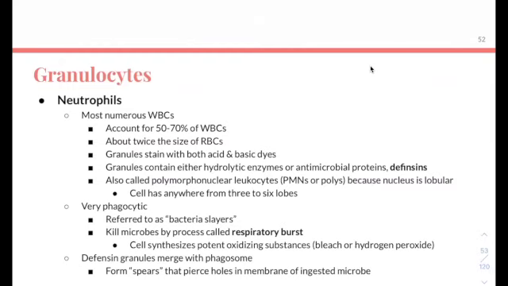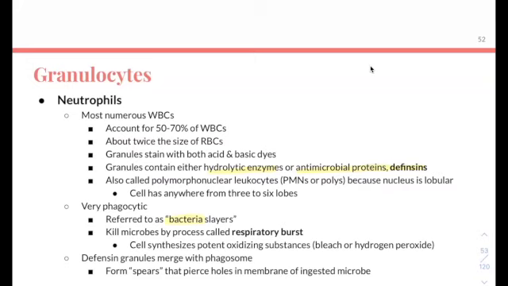They have hydrolytic enzymes or antimicrobial proteins that are called defensins. Because their nucleus is lobular, they can have anywhere from 3 to 6 lobes. Neutrophils are known for killing bacteria.